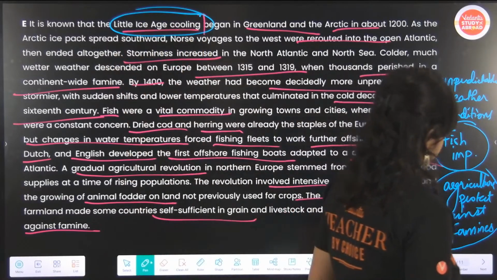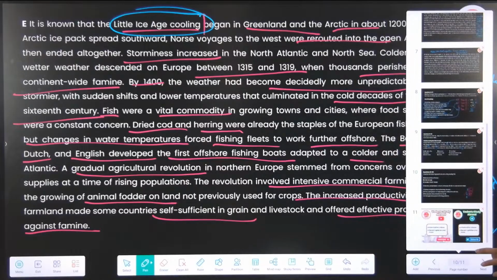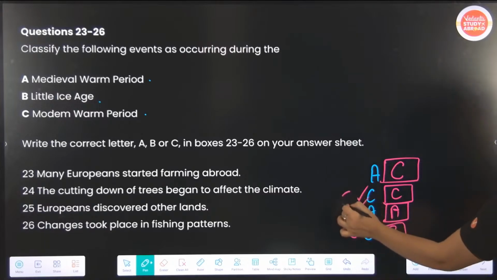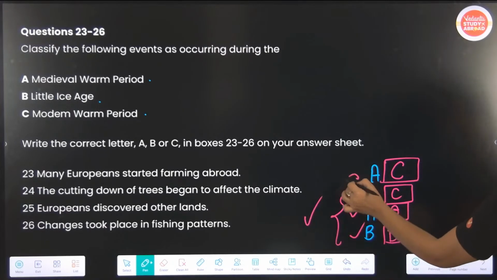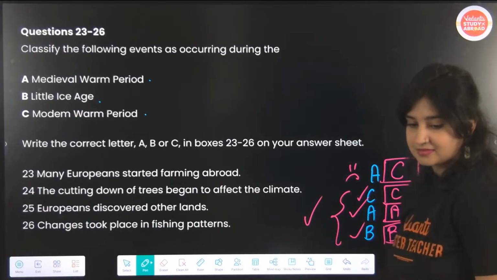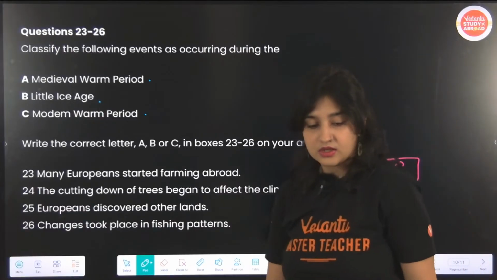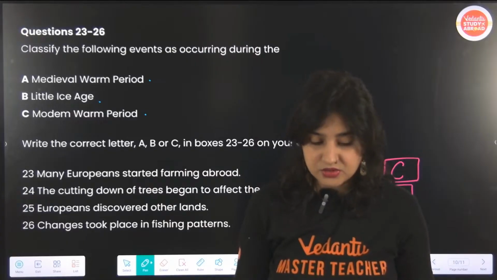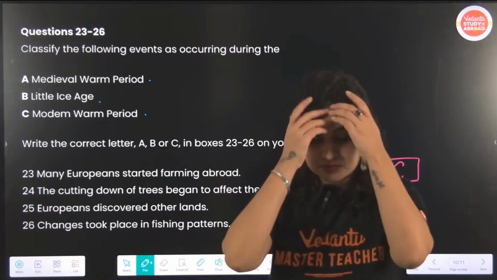Little Ice Age. So, correct answer here is B. Very good. So, Tanmay, 3 of your answers were correct. 1 was wrong. You've understood why? Understood why 1 was wrong?